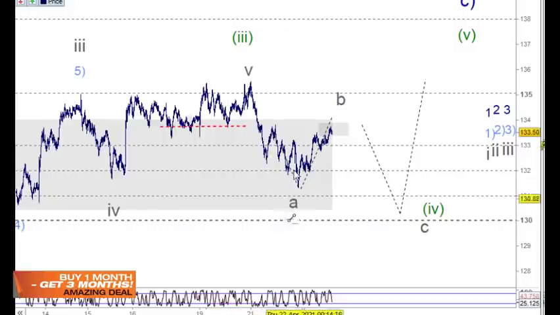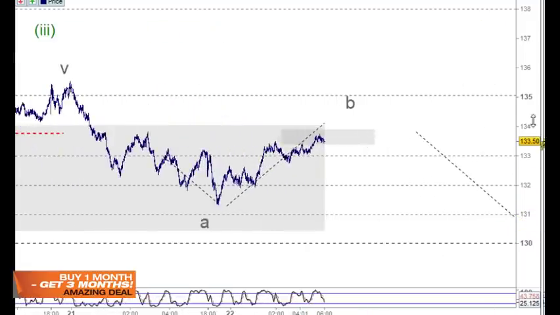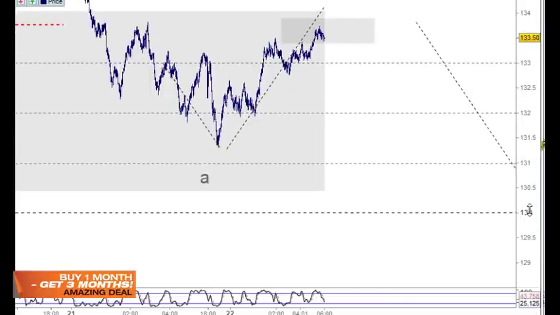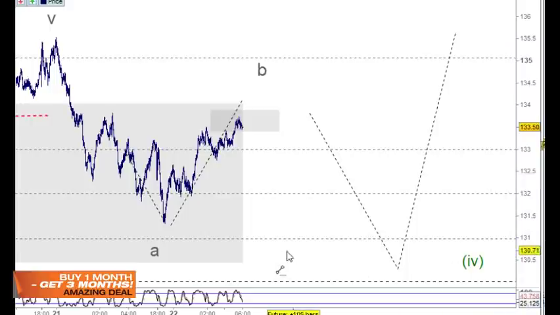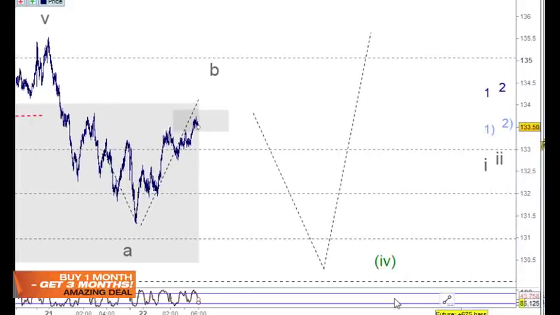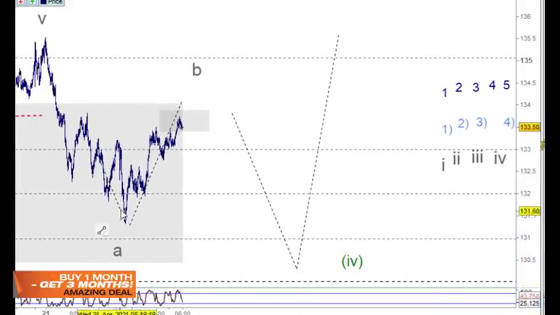It just looks a little bit small as well in this case, but I have to say it is producing a nice impulse wave to the upside here for this. I suppose we could count it as an ABC pattern as well, as an A wave here, a B wave here, and then 1 and 2 and 3 and 4 and 5.